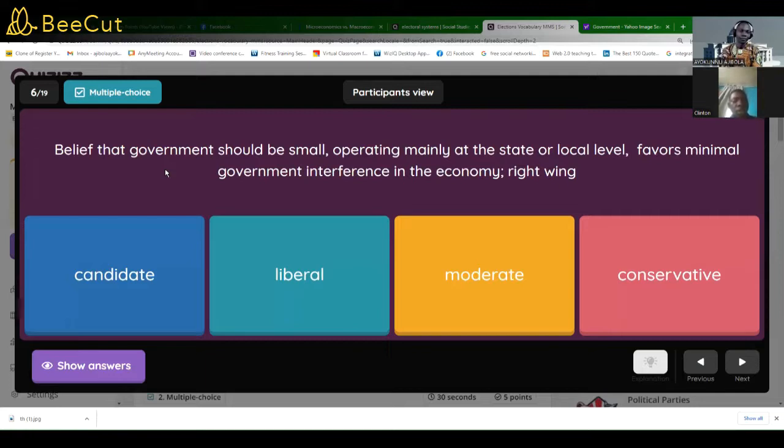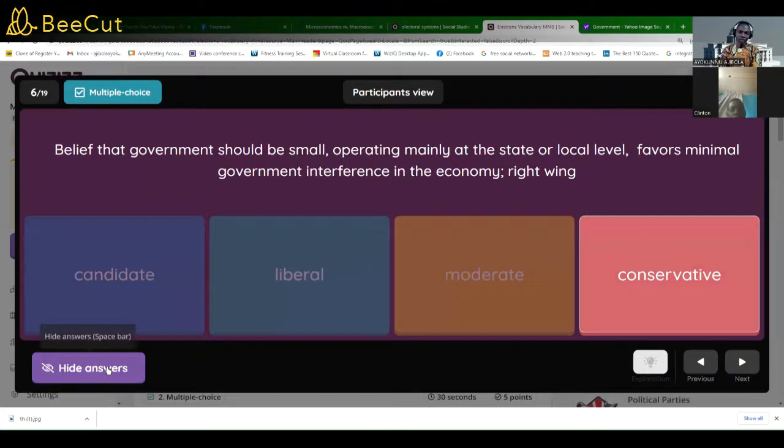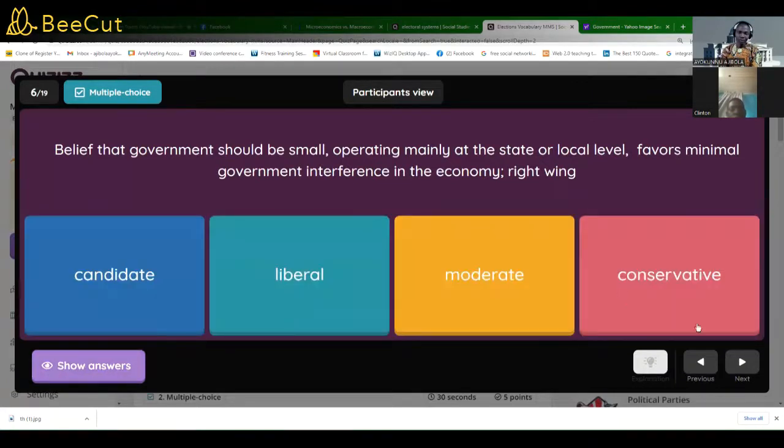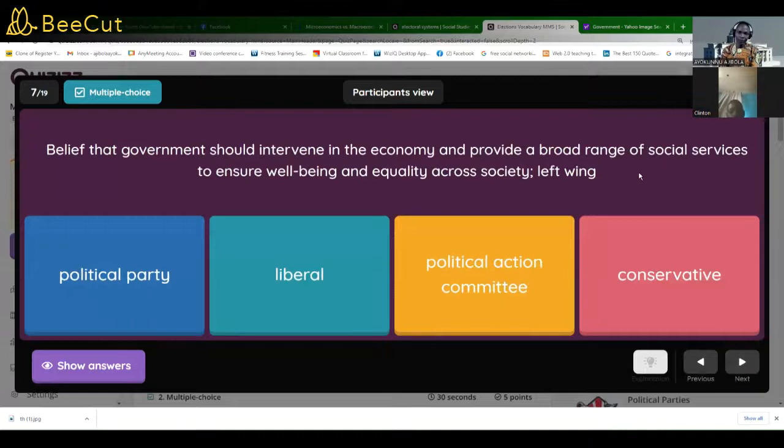Believe that government should be small, operating mainly at the state or local level, and favors minimal government interference in the economy, right wing. It's called conservative. Okay, conservative. Now the next one.